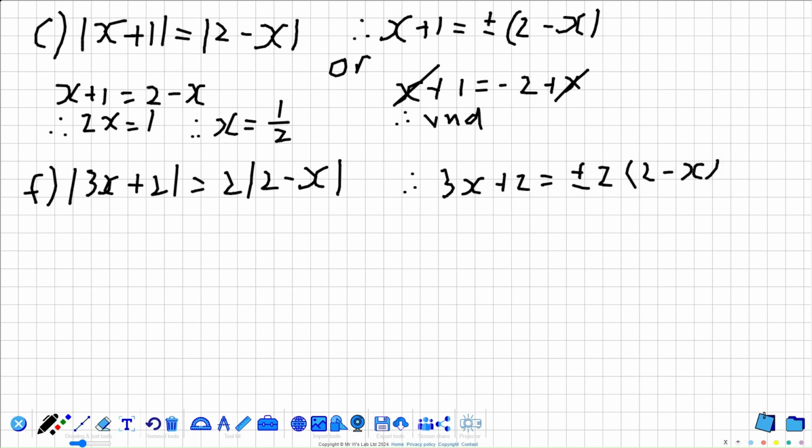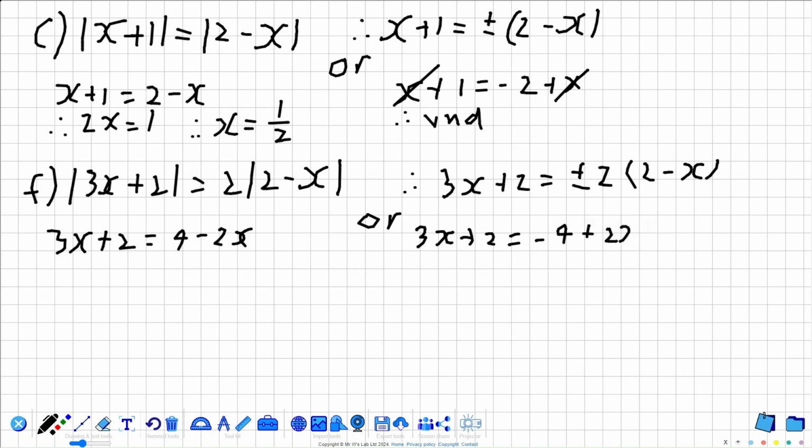And so we can evaluate that in two parts again, like with the or here. So we've got one where 3x plus 2 just equals, and we'll evaluate it right away, 4 minus 2x, and then another one where 3x plus 2 equals -4 plus 2x, like that.